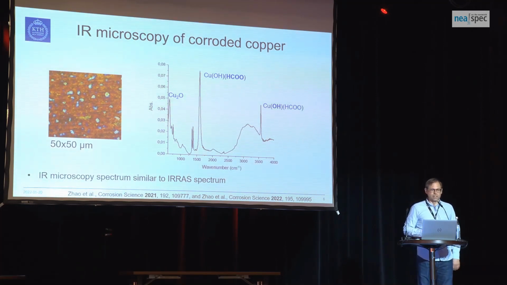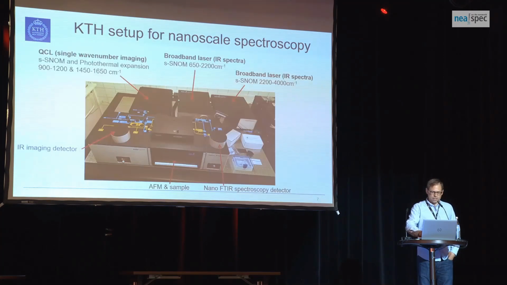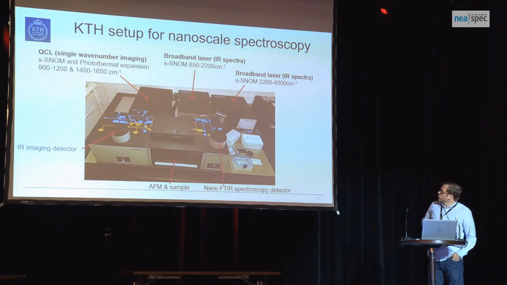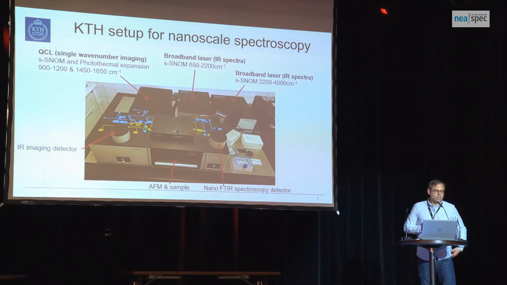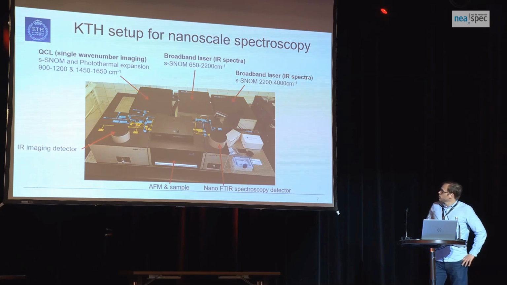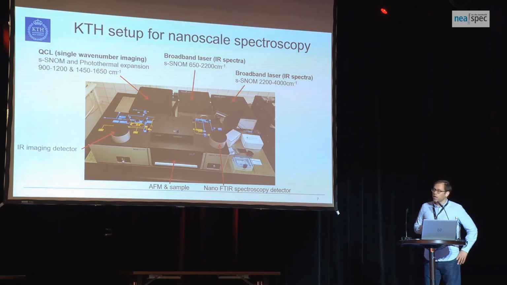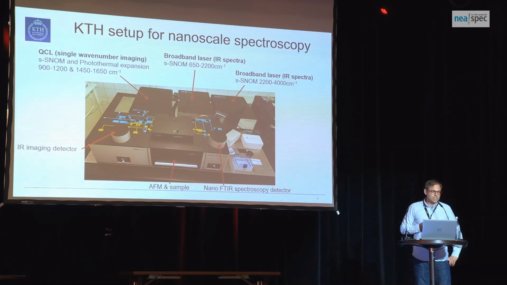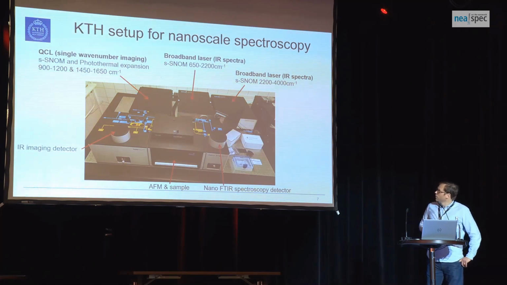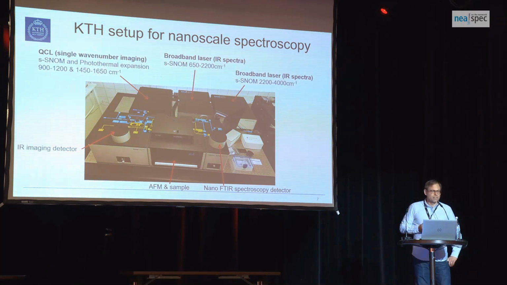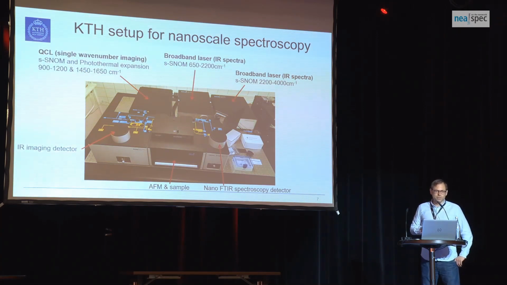So then, of course, we wanted to go nanoscale, and that's when we were really happy that we had this nano microscope. This is our setup, the instrument we are using. We have 3 kinds of lasers. We have QCLs, so we can do single wave number imaging in some areas. We have 1 laser in the middle that is a broadband laser, covering the range from around 650 up to 2200 wave numbers.